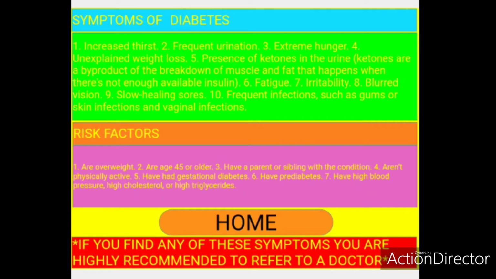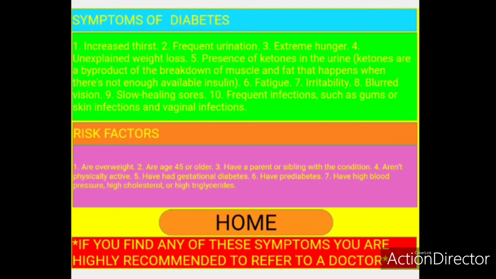Moreover, the person can also get a more detailed answer on whether he is suffering from diabetes by knowing the risk factors. A person who is overweight, whose age is 45 or older, has a parent or sibling with the condition, is not physically active, has had gestational diabetes, has pre-diabetes, or has high blood pressure, high cholesterol, or high triglycerides is more likely to be affected by diabetes.